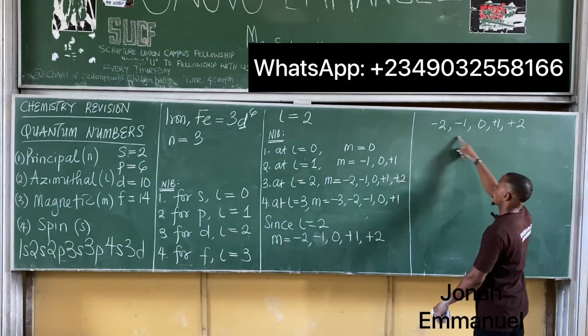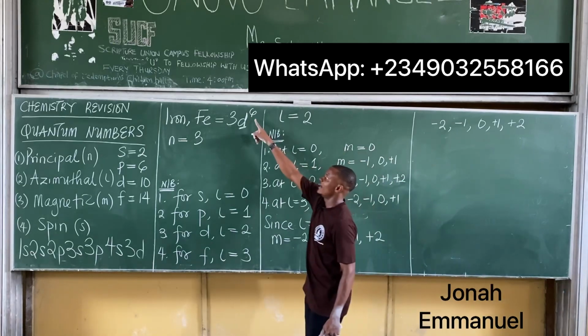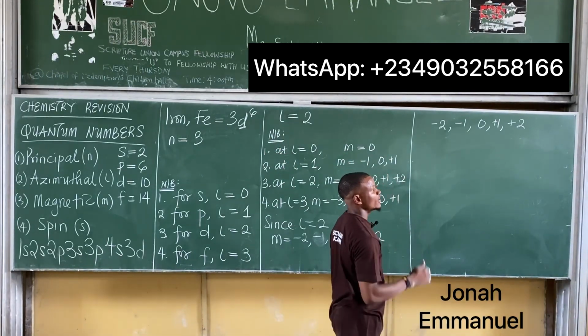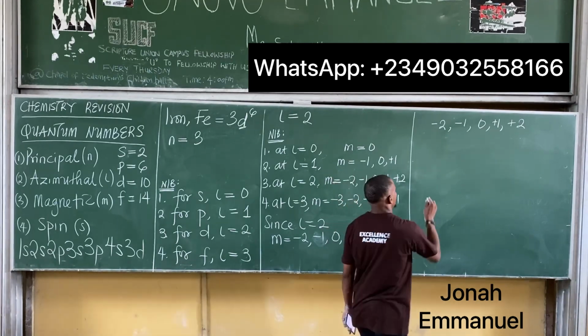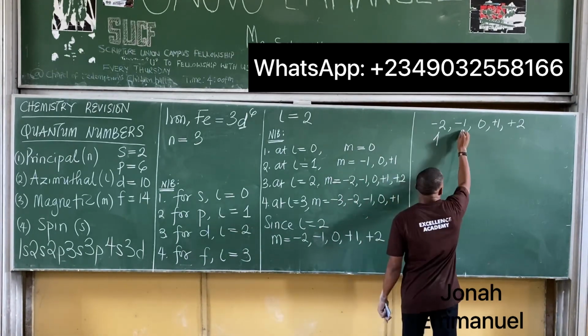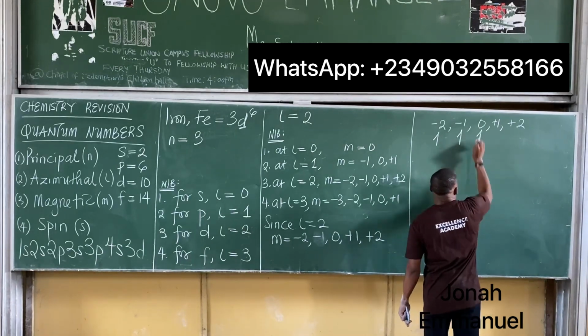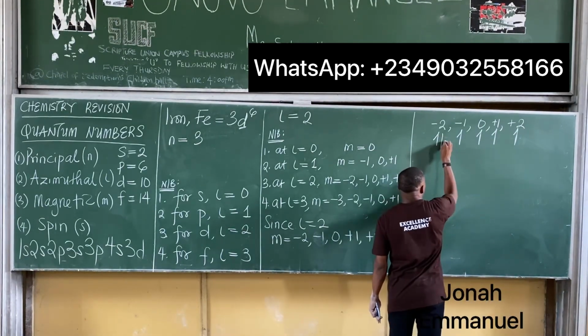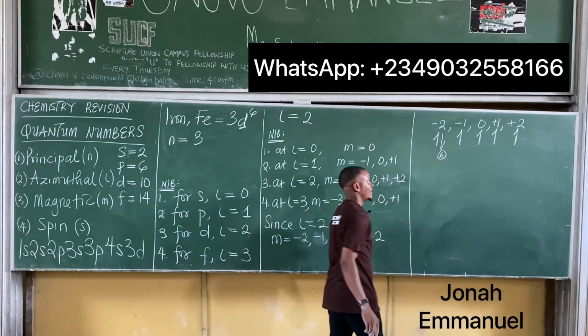Try to fill this up with the number I have here. How many here? So fill it up with 6 electrons. The case is simple. Start with the upper ones first. So I'm having 1, 2, 3, 4, 5, finally 6.